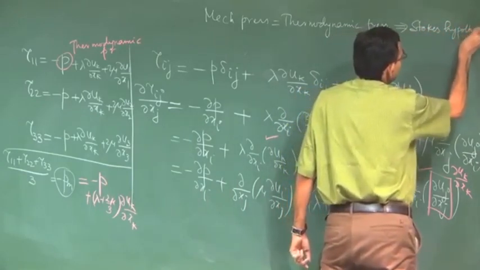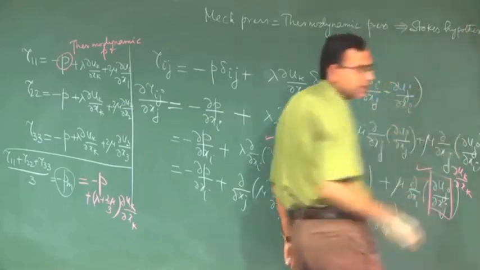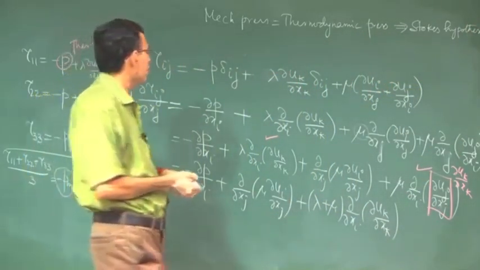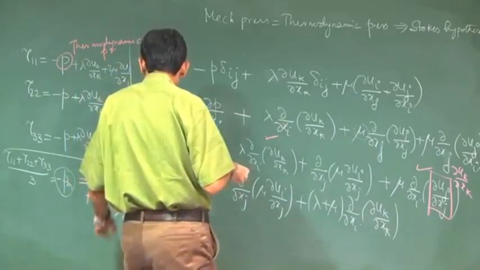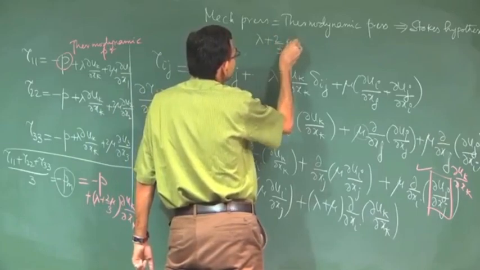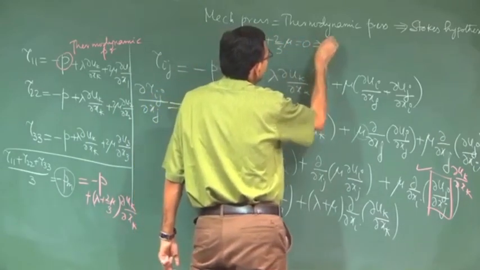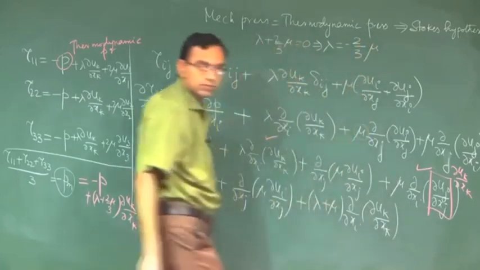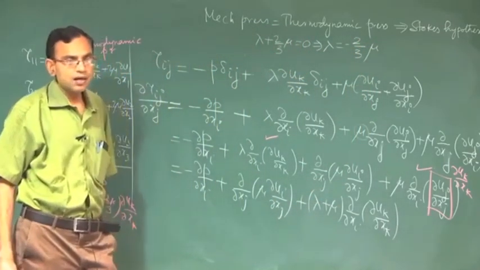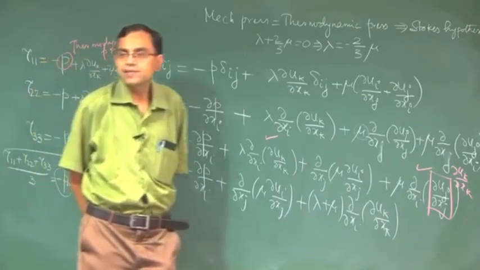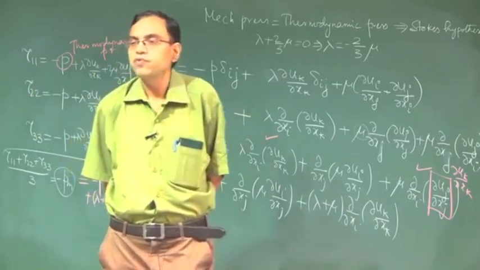It is called a hypothesis because it cannot be proved; just by arguments it can be justified for most of the cases. So, if that be the case, then the obvious conclusion is lambda plus 2 mu by 3 is equal to 0, that means lambda is equal to minus 2/3 of mu. This is the so called Stokes hypothesis, and the fluid that obeys this is called a Stokesian fluid.